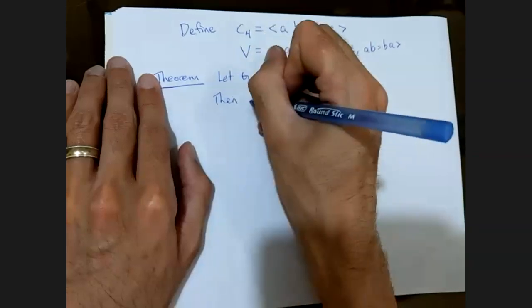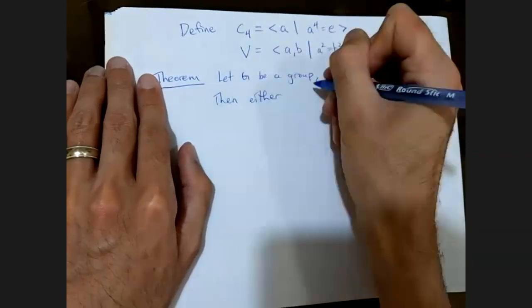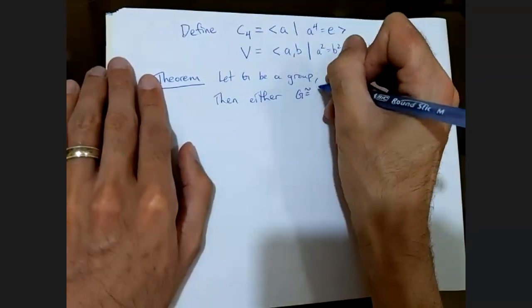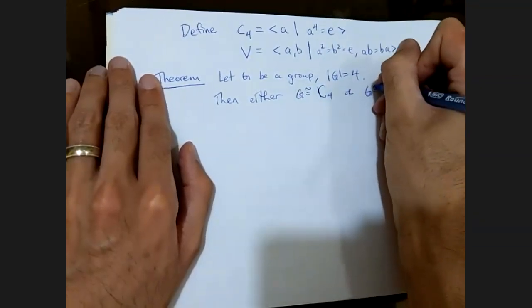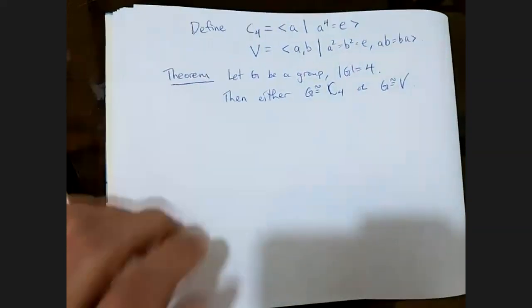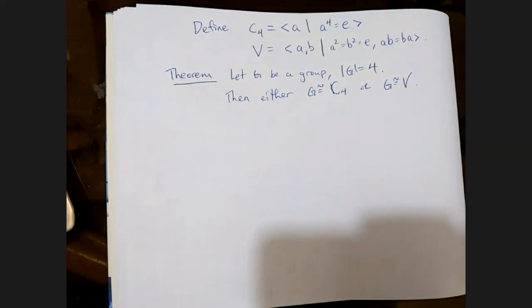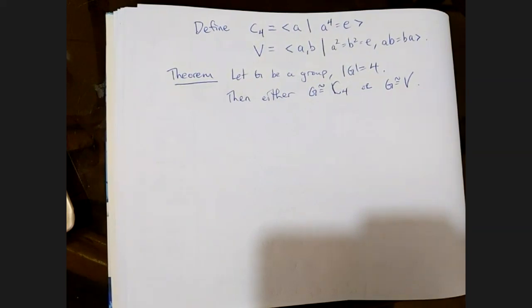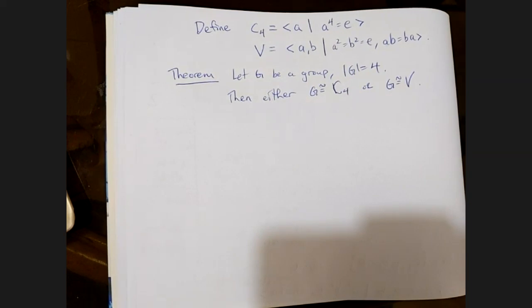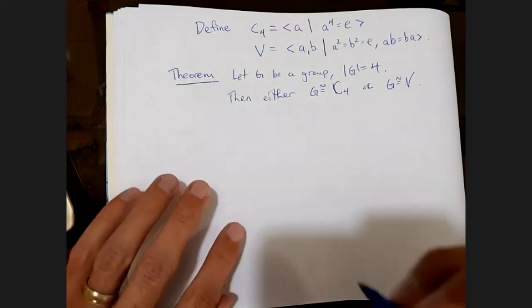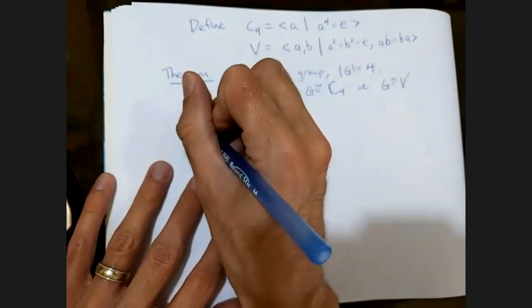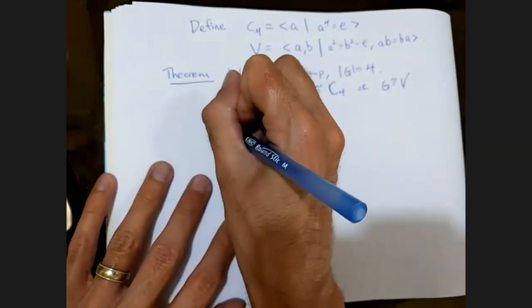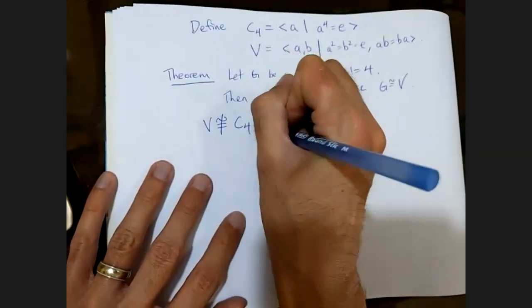Then either G is isomorphic to C4 or G is isomorphic to V. I guess that would only be part A of the theorem, but part B might say that V is not isomorphic to C4.